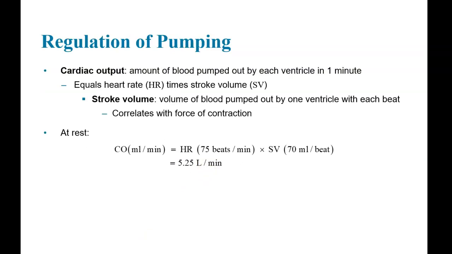Cardiac output is the amount of blood that's being pumped by each ventricle in 1 minute. And this is calculated by multiplying the heart rate times the stroke volume. And the stroke volume is the amount of blood or the volume of blood that's pumped by one ventricle with each beat.